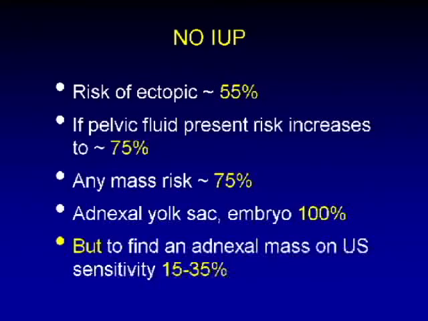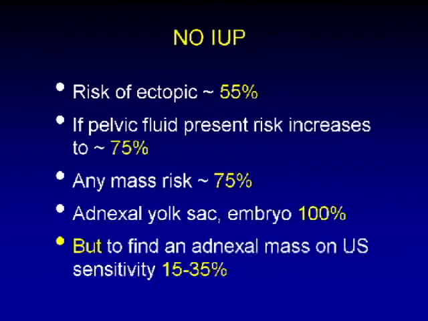So if you have no intrauterine pregnancy, the risk of ectopic, as we said, was 55%. Now, if you see the presence of pelvic fluid, the risk increases up to 75%. Any mass, the risk is up to 75%. But of course, if you see an adnexal yolk sac and embryo, then the diagnosis is 100% that you have an ectopic pregnancy.